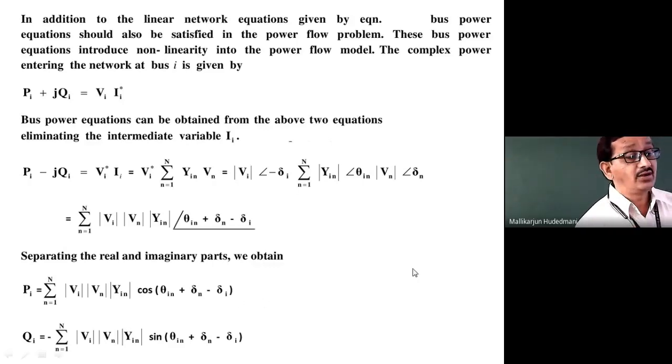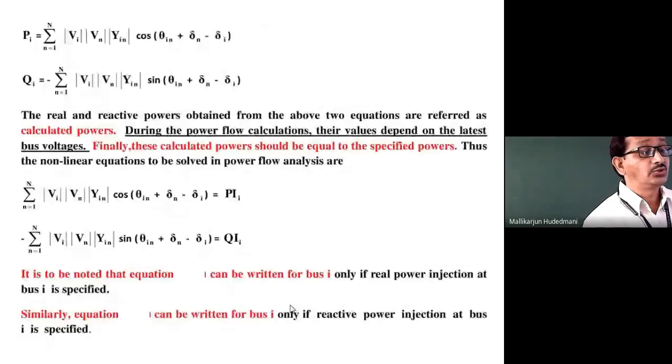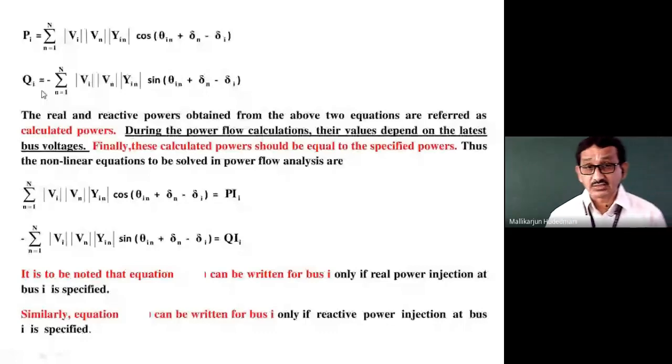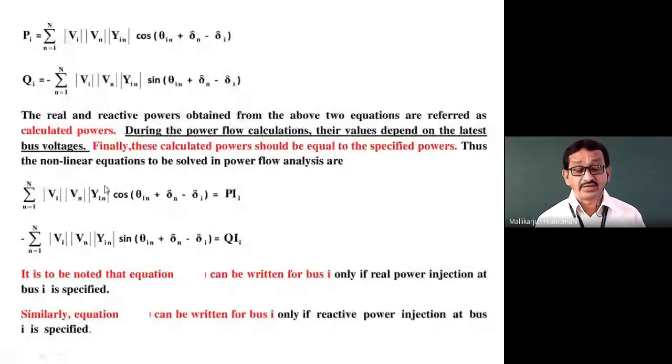Therefore, let us say we are able to get the Pi, Qi active power and reactive power equations at any bus i in this way. Now what should I do? When the power system is set up with several generators, transmission mechanisms and loads, why do we put the power system into existence?